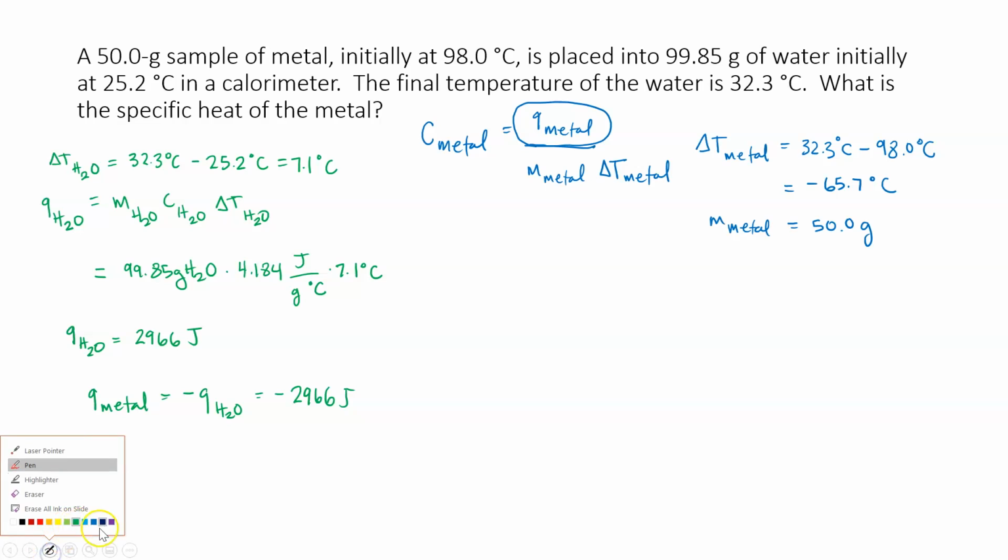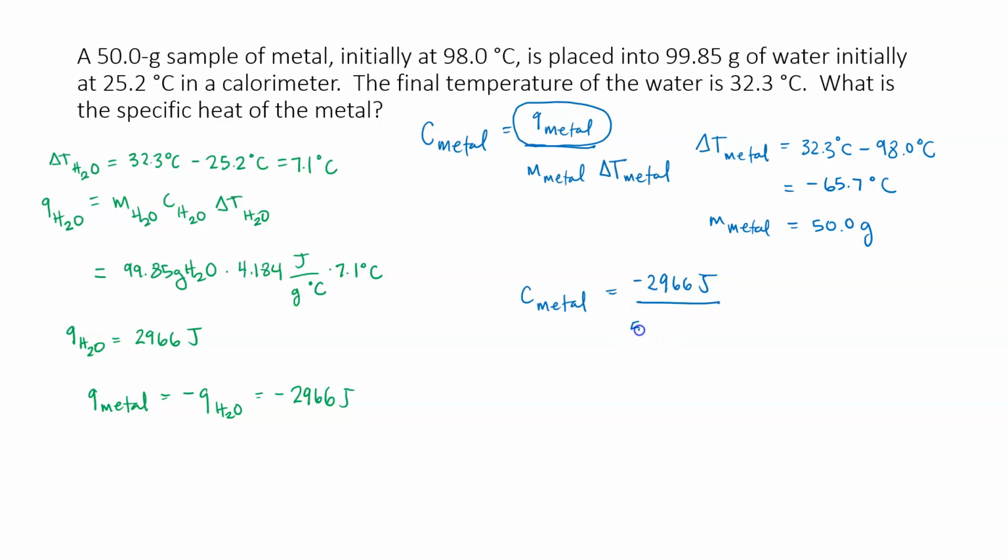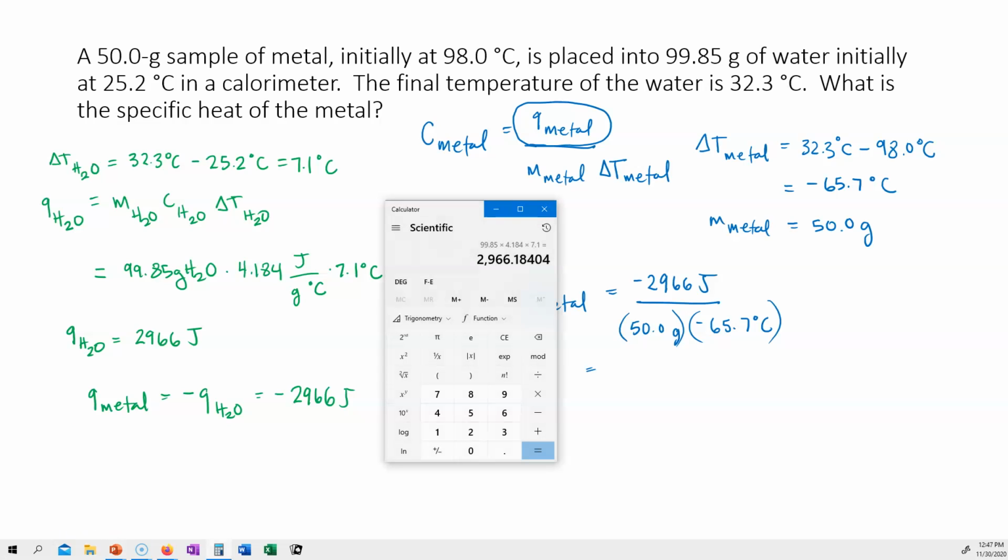So to calculate my specific heat capacity of the metal, I'm going to substitute these values in, negative 2,966 joules divided by 50 grams and negative 65.7 degrees C. And so that number, change the sign on this.